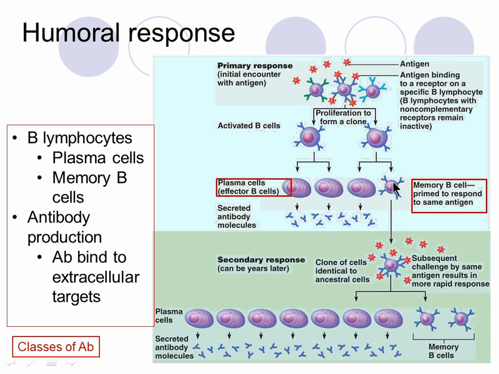You don't want all of them to become memory B cells, because memory is for reaction at a later time. Effector is for reaction now. So here you have many of these plasma cells and a few memory cells. These are primed to react to the same antigen. These plasma cells secrete antibody molecules. You can look at these antibody molecules; they have the same structure as these receptors.